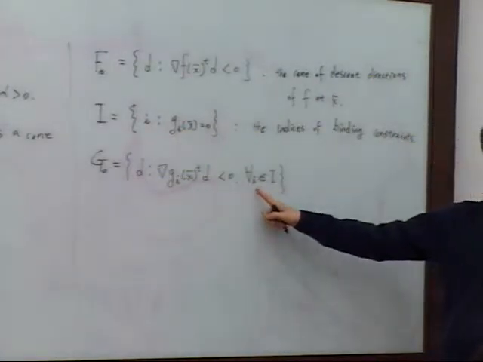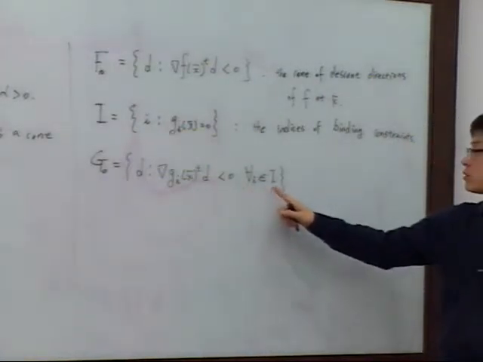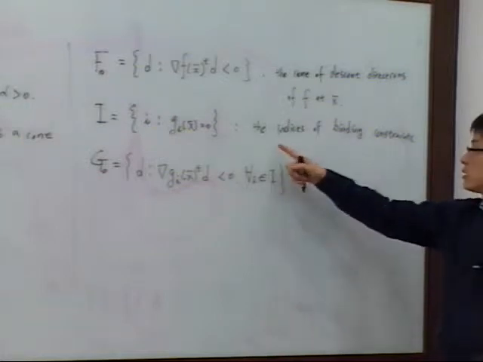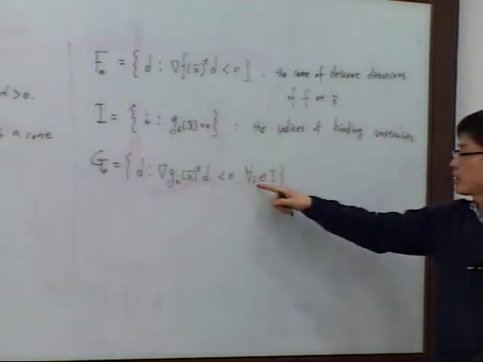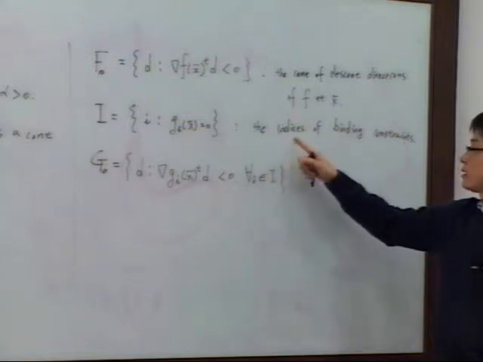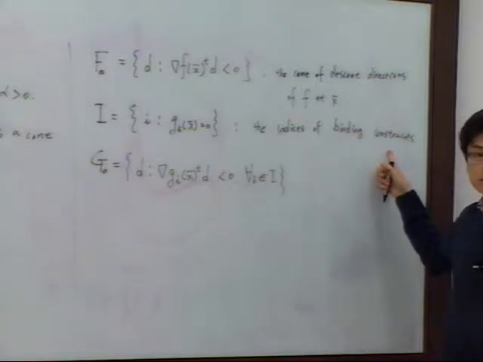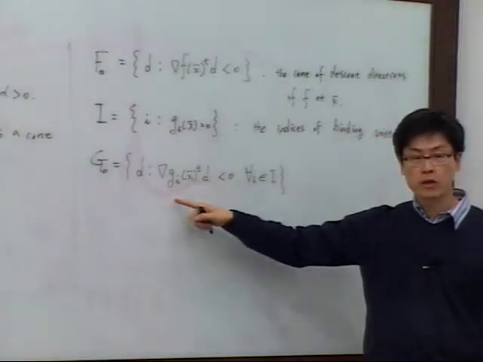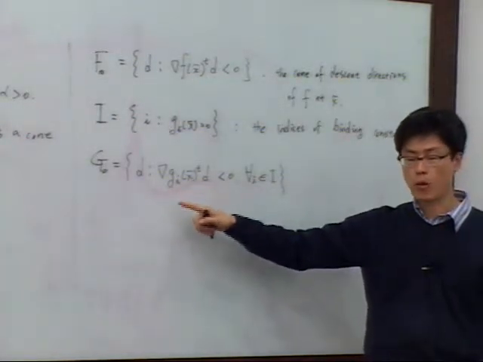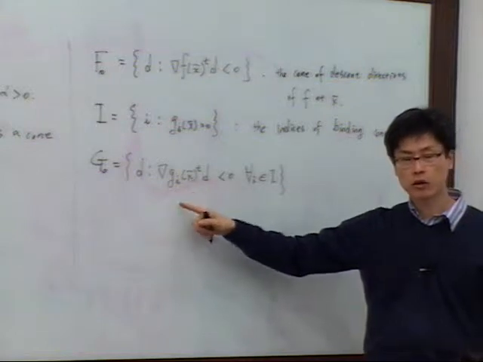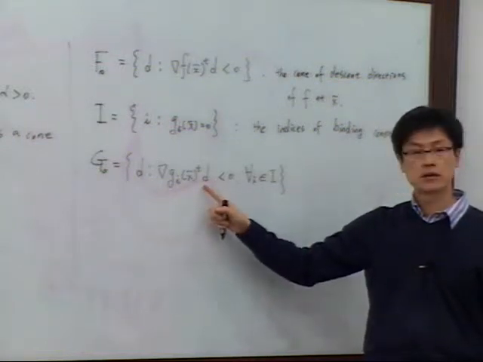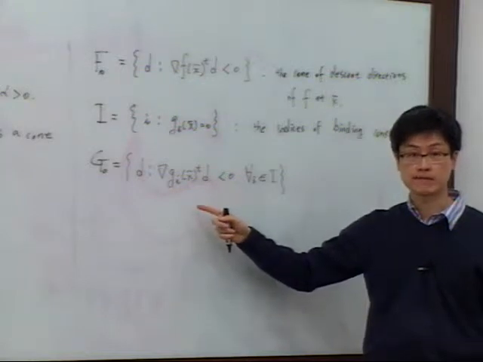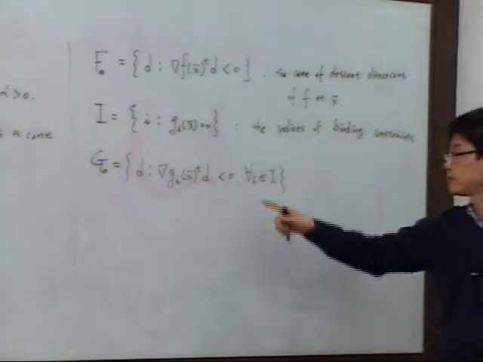For all i inside of this large I, which means this I is now all indices of binding constraint. So this means for all binding inequality constraint, you have some kind of descent direction. Okay?